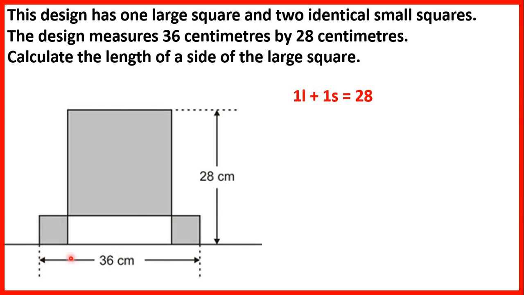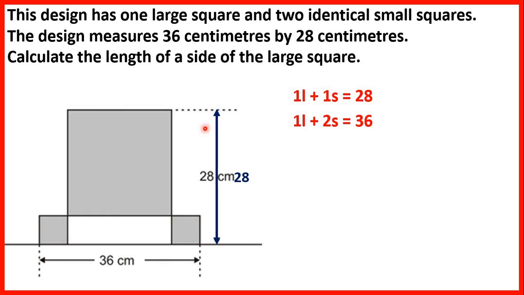And if we look at this length of 36, that's 1 large square, but this time we have the length of 2 small squares. So we can write 1 large plus 2 small equals 36. So we can see that what's different about these is that our second statement has 1 extra small square.